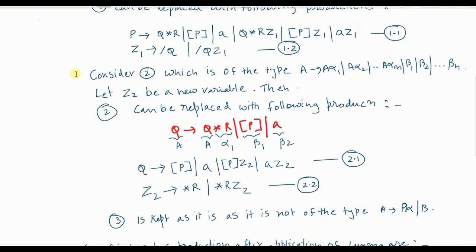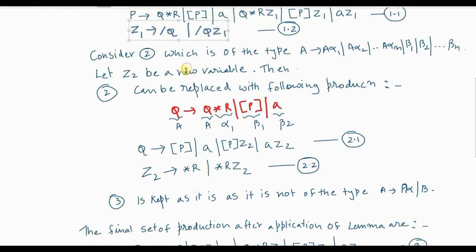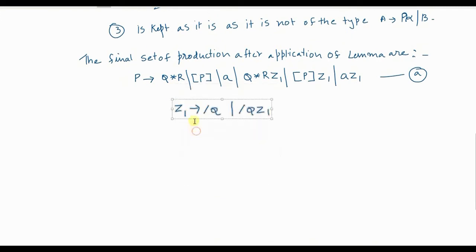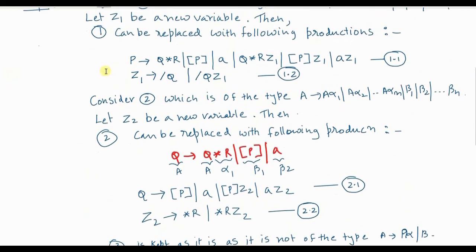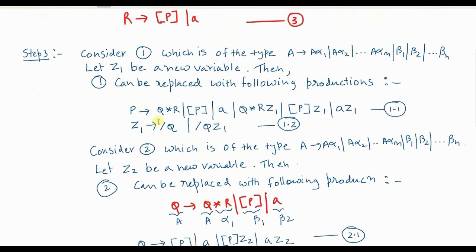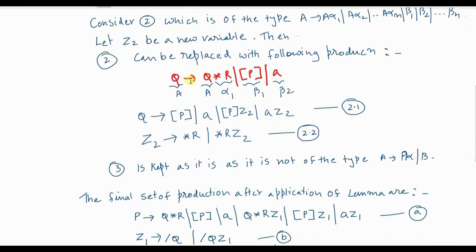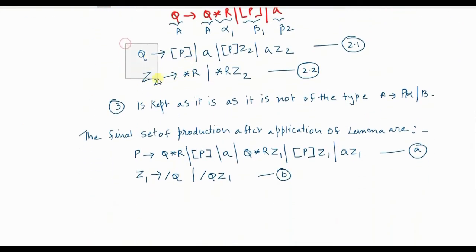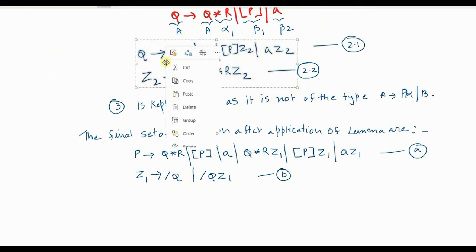Similarly, the second equation: Z1 gives the same as before, Z1 gives slash Q. I will call this B. So these are the two productions that we got by replacing the original first production, and these are the two expressions that we got after replacing the original second production.